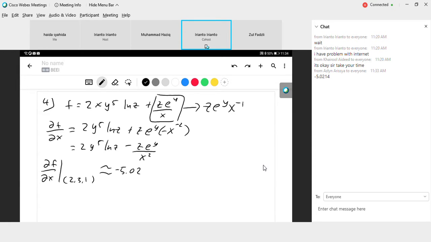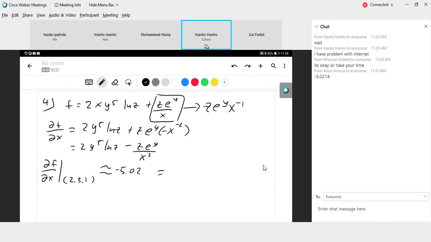Yes, right? No need to convert the exponent. If you want to write it in exponent form, also no problem. This one should be 2 multiplied by 3 to the power of 5 times ln 1. Oh, this one is 0, because ln 1 is 0, so no need.